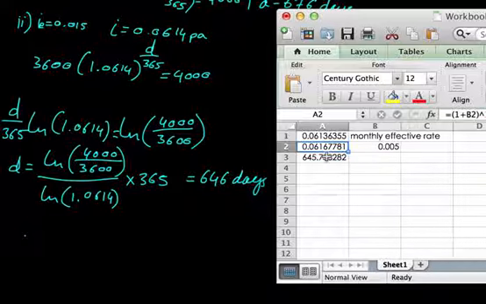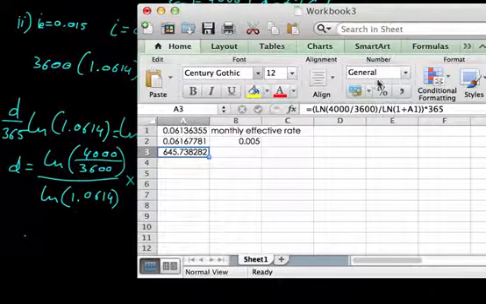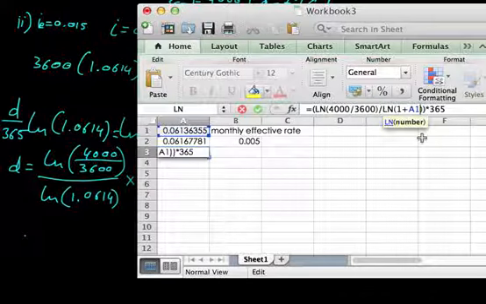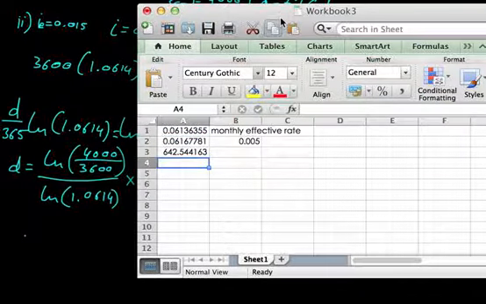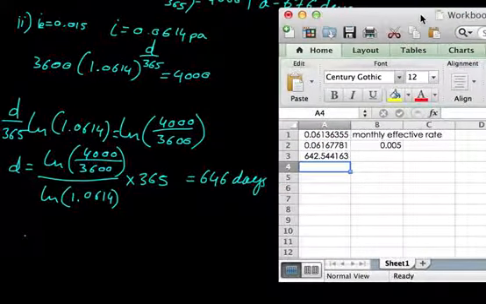And so now, instead of using cell A1, let's use cell A2 in our equation. It's going to be the exact same formula, but now it's going to be 643 days that it's going to take.